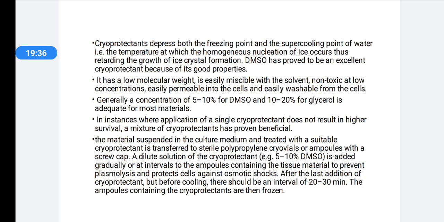We add gradually to prevent plasmolysis and to protect the cells against osmotic shock. After the last addition of the cryoprotectant, just before cooling, there should be an interval of 20 to 30 minutes. Then the ampules containing the cryoprotectants are frozen in liquid nitrogen or by other methods.